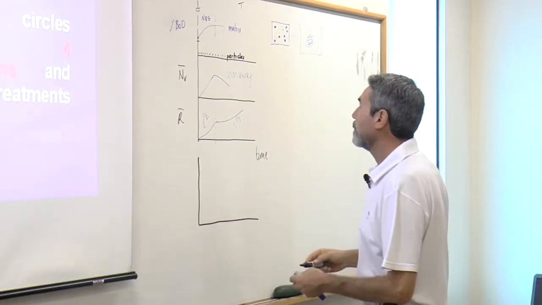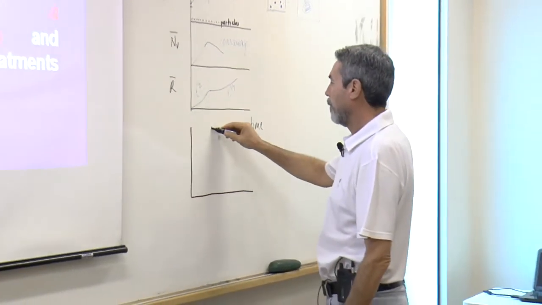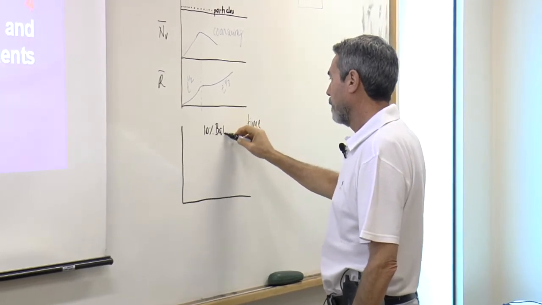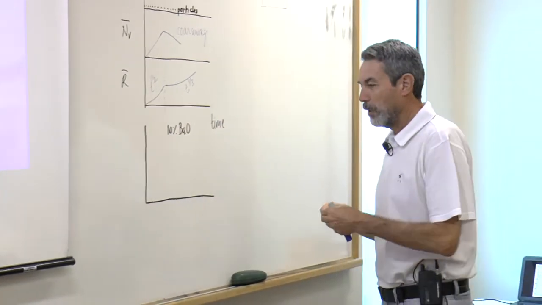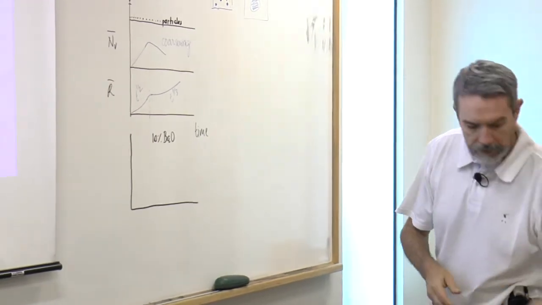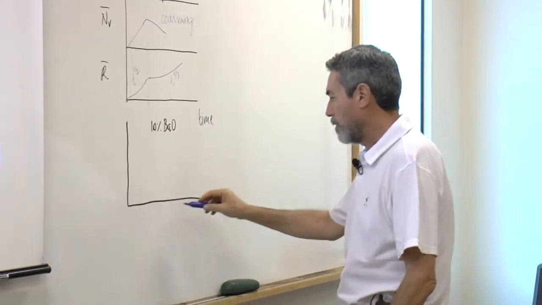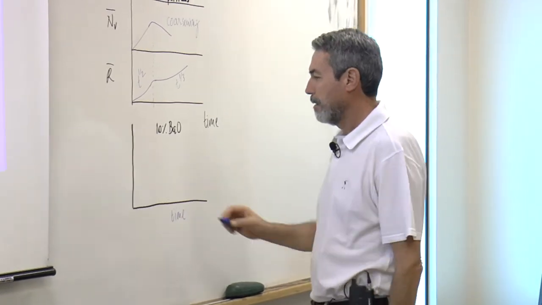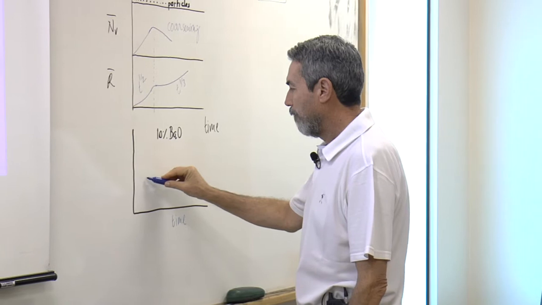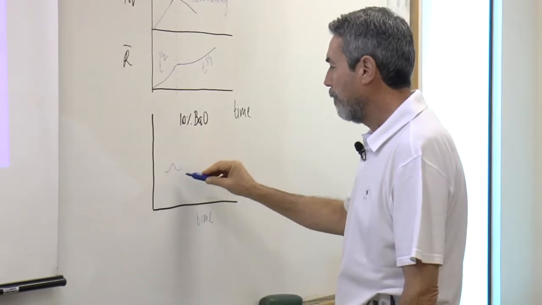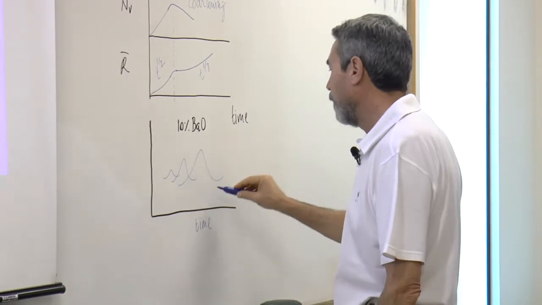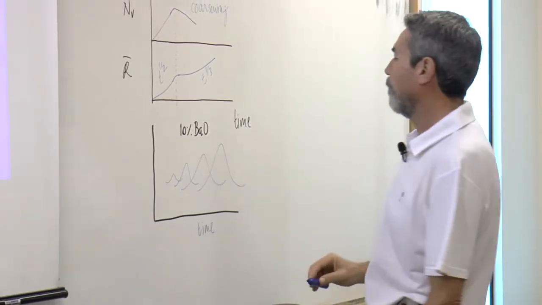So if we had to do a schematic plot here, for now a glass with, say, 10% of barium oxide inside the spinodal boundary, and this is the time axis, then you have fluctuations. Tiny fluctuations, then a larger fluctuation, then an even larger fluctuation.